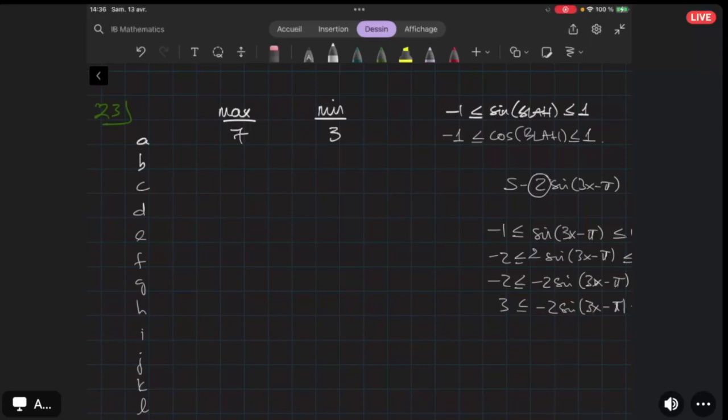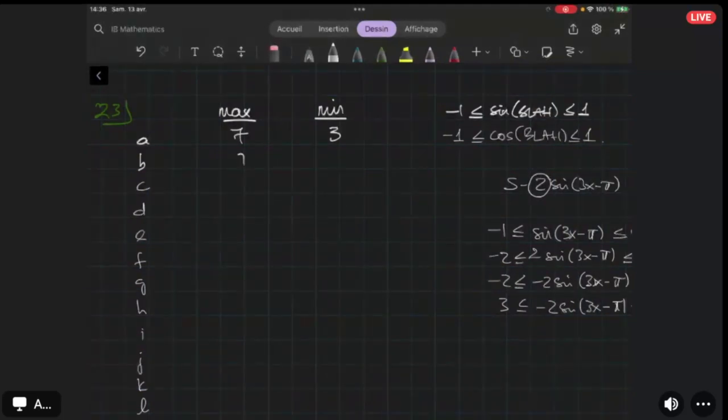3b. What's the max? What's the min? And what else? 3 and 7.